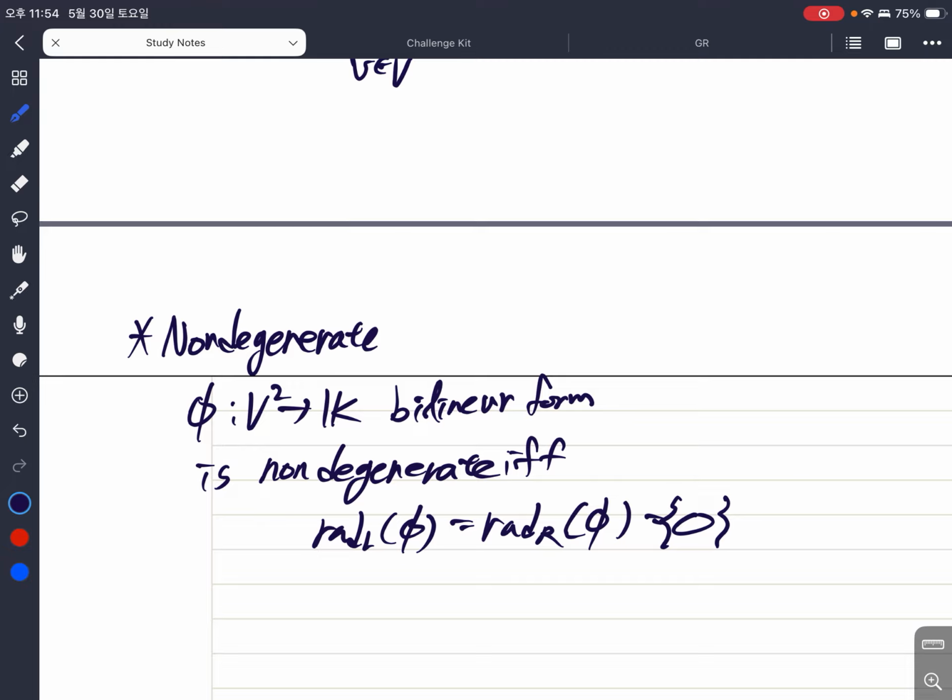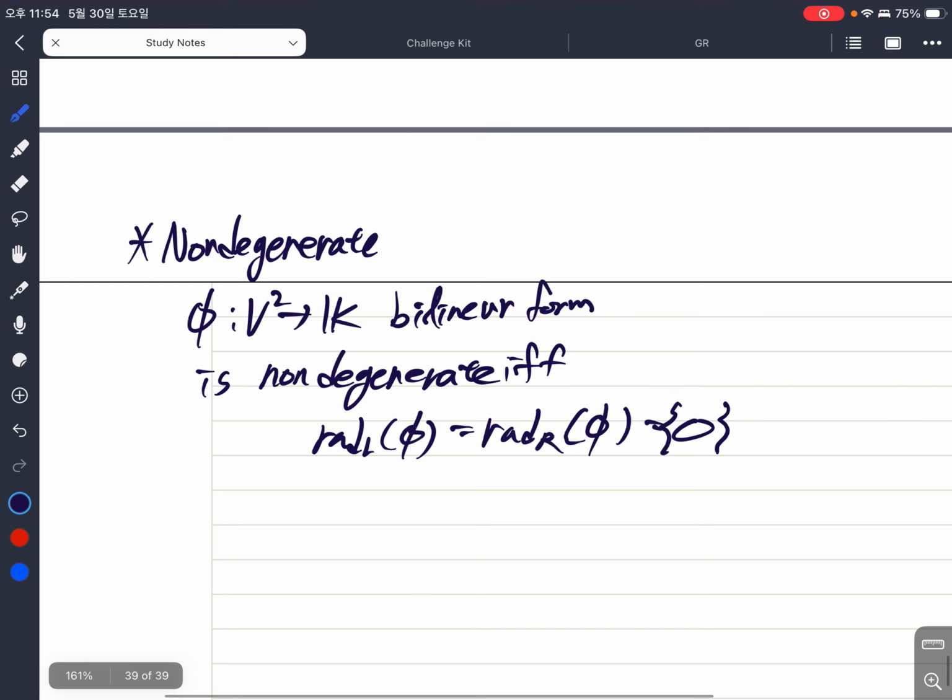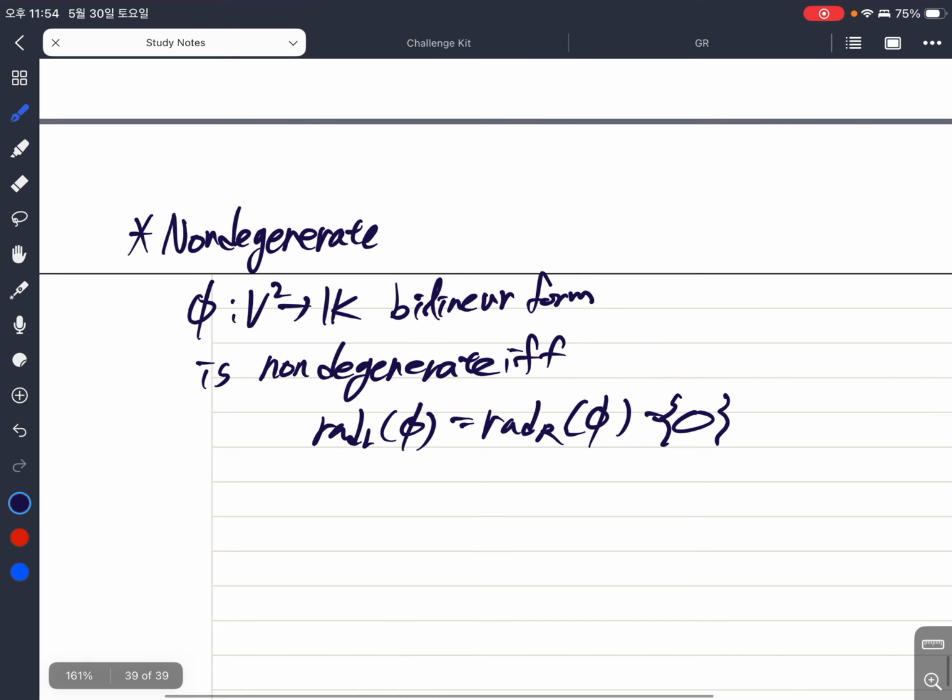So it has only the 0 vector in V. Then it is called non-degenerate, and other cases are degenerate. We are always interested in non-degenerate cases.